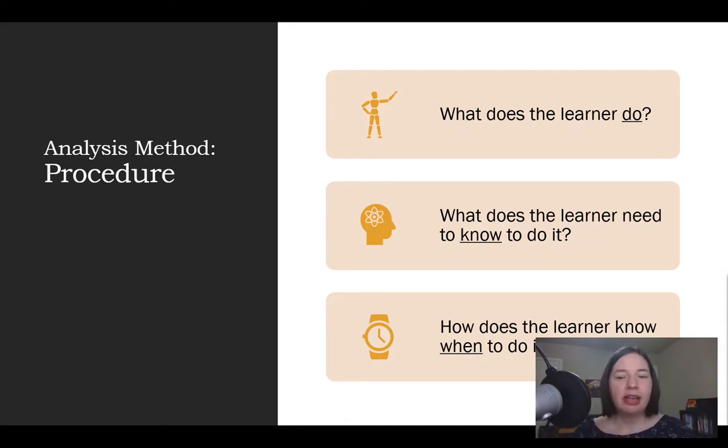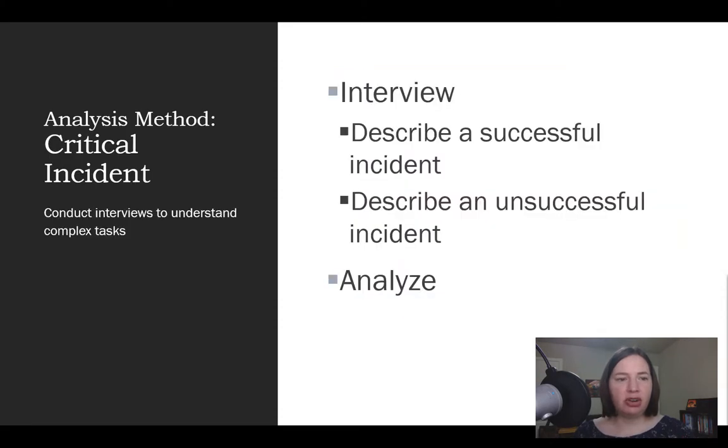The other one, just briefly mentioned here, is a critical incident. When you have something really complex, you might talk to someone who is an expert and interview them. You ask them, tell me about a time when everything worked really well. Tell me about an unsuccessful incident. Then you can compare those and try to pull out the components that differentiate a successful from an unsuccessful experience.